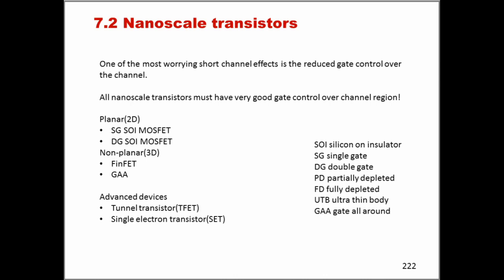So this is really the most catastrophic effect of the scaling process, because as we've said, the transistor is a field effect device. So if the gate loses control over the channel, there is no transistor anymore.